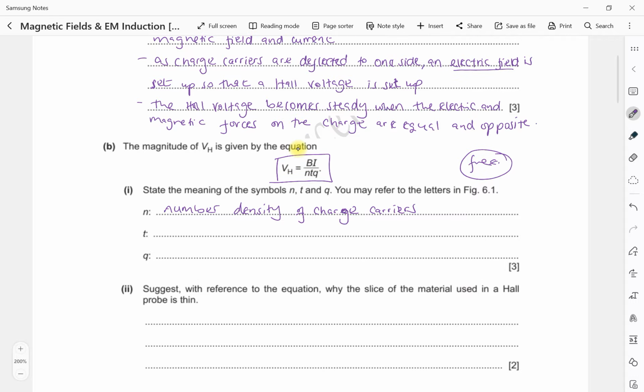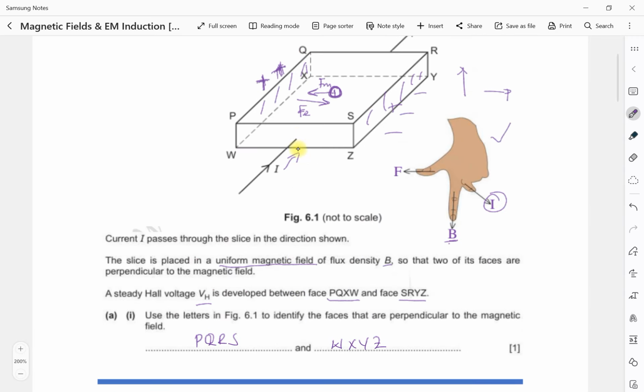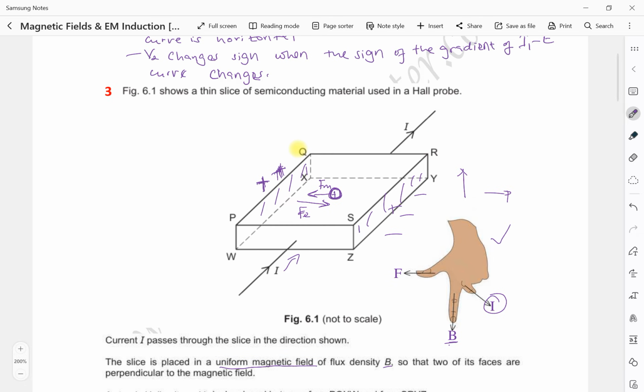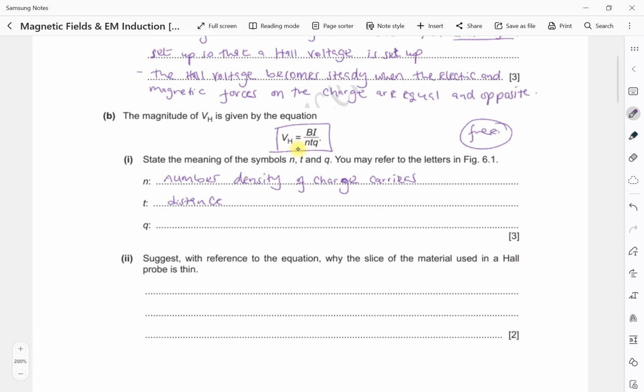Then T is the thickness, which is the distance. Now I can refer to the diagram. It can be SZ, it can be RY, it can be QX, it can be PW. So T is the distance.